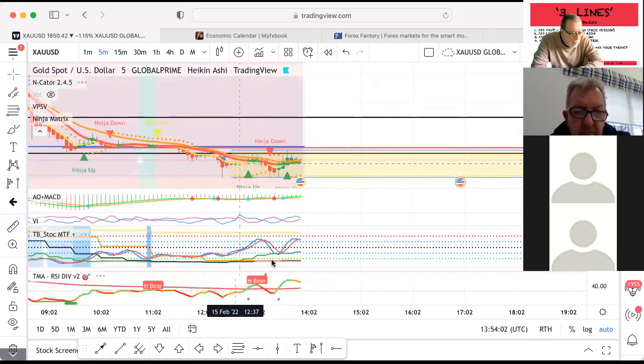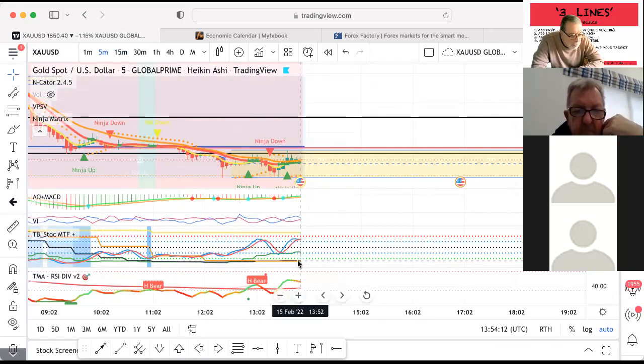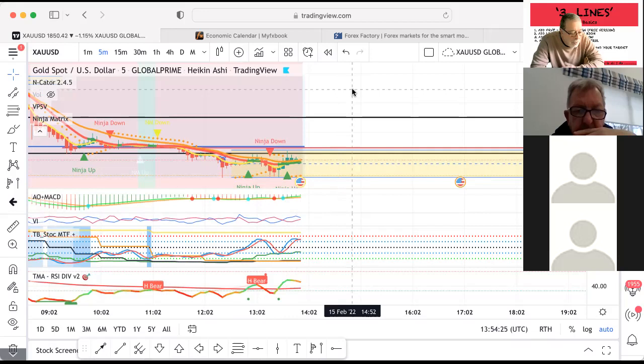If you're on the 5-minute chart, you can look at this 5-minute stochastic, this is a 15, the black one is the 30, the orange is the 1 hour, and the yellow is the 4 hour. He was asking why that trade went wrong, and I said, you did everything right. Sometimes it happens like that.